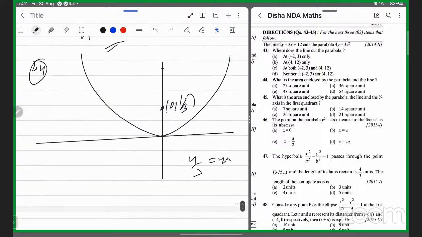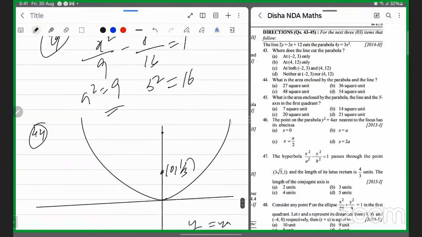The y intercept is 6. What is the x intercept? You will get minus 4. Now, where does the line cut the parabola at 2 points? Solve these two equations. So what is the option of 43?